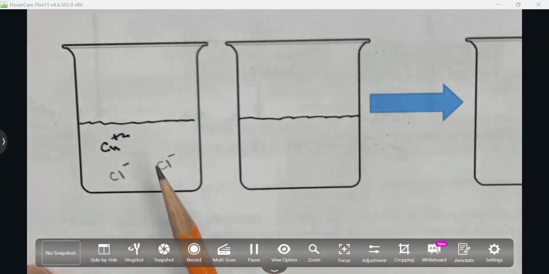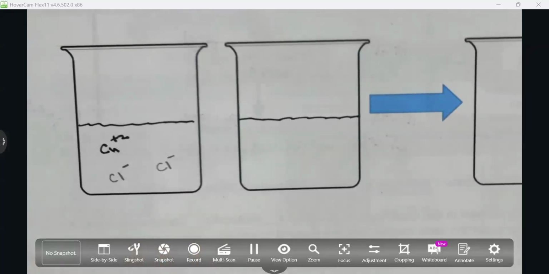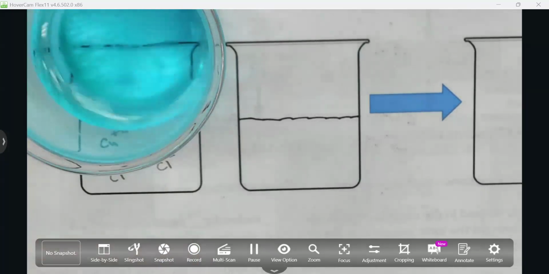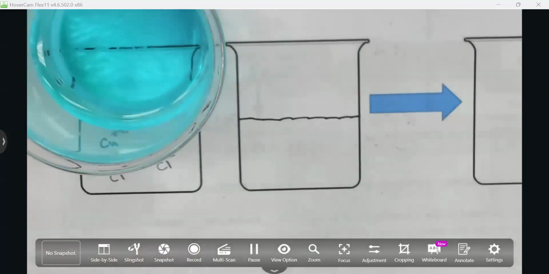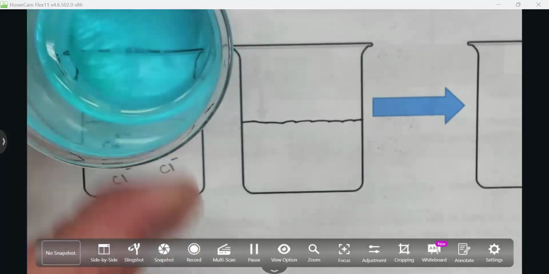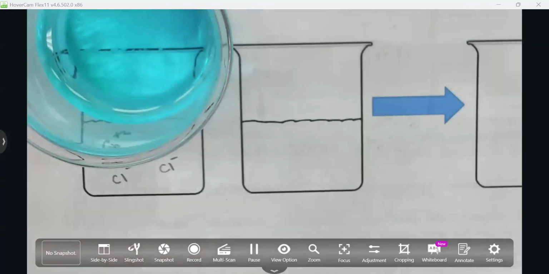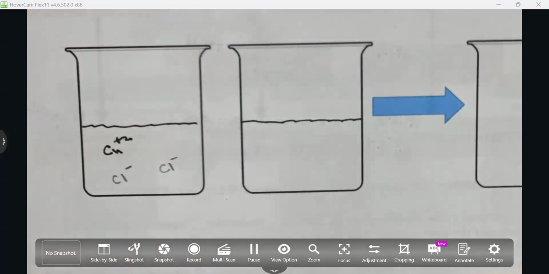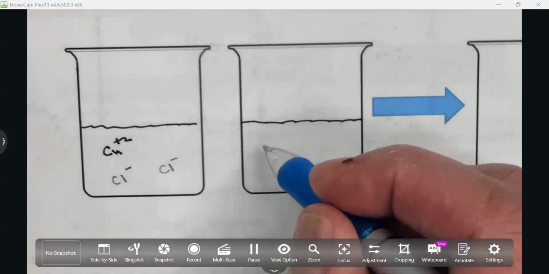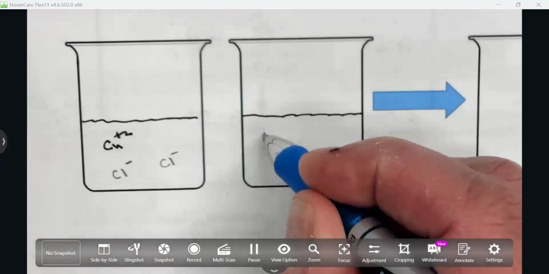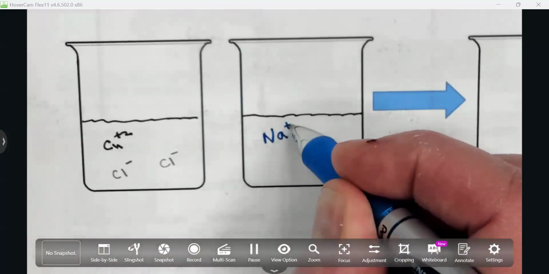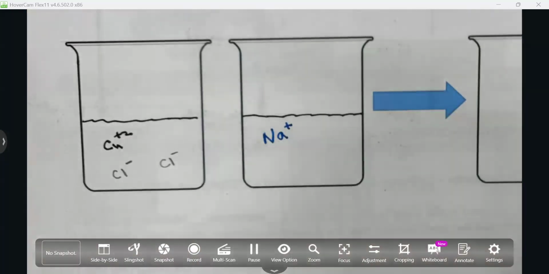Water has these split apart, right? Water has these split apart. That's this blue solution. I used tap water, so it looks a little crappy in there. I didn't use distilled water. This is my other solution of sodium hydroxide.